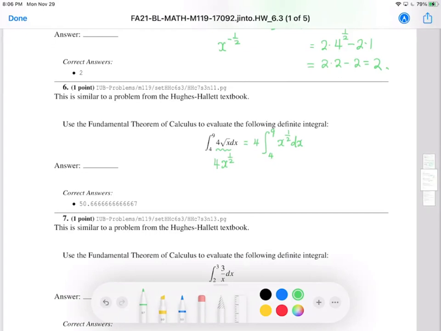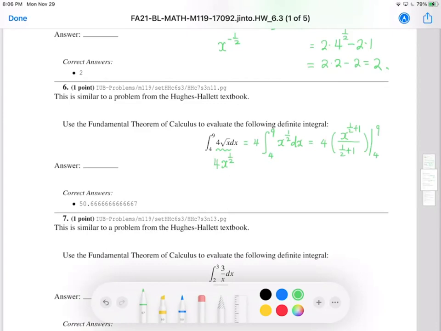So this is 4 times the antiderivative, which is x to the 1/2 with the power increased by 1 divided by the new power, from 4 to 9.